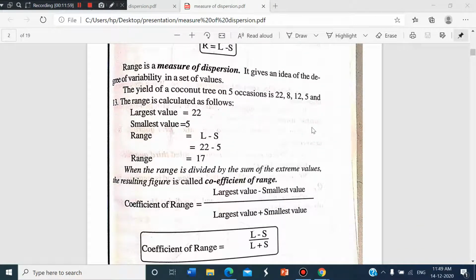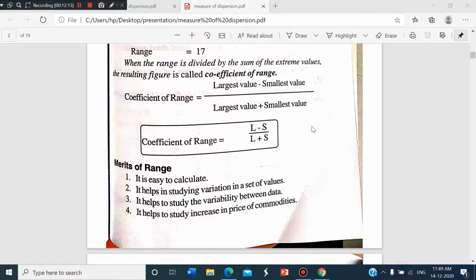L minus S is 17. L plus S is 22 plus 5, which is 27. 17 divided by 27 is the coefficient of range here.